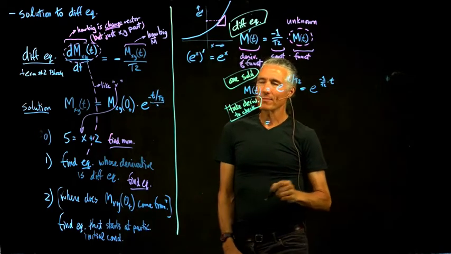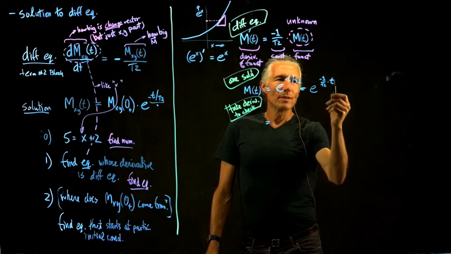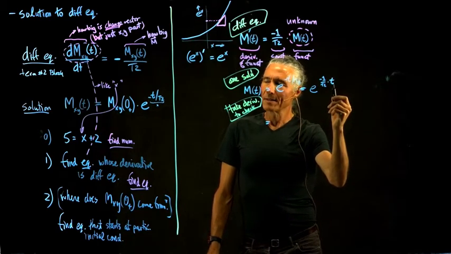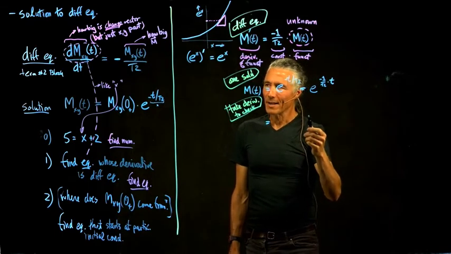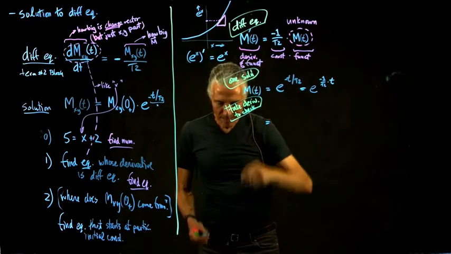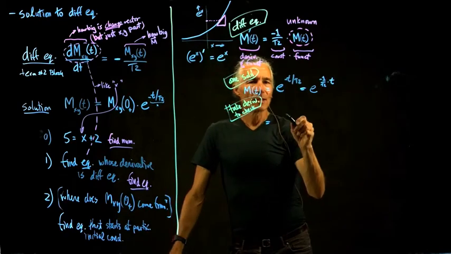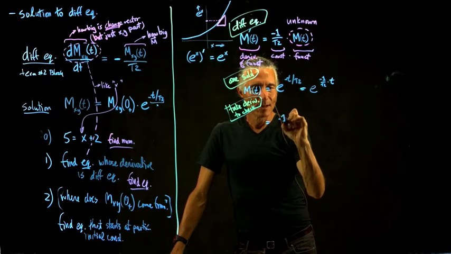And the way derivatives work is if you have something like that, you reduce the exponent of the variable by 1. So it goes from 1 to 0. And when the exponent is 0, that just means it's equal to 1. So that just disappears, and you just end up with a constant. So if we take the derivative of this exponent, we just get the constant, minus 1 over t2.